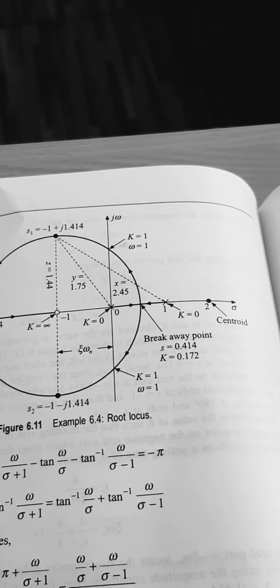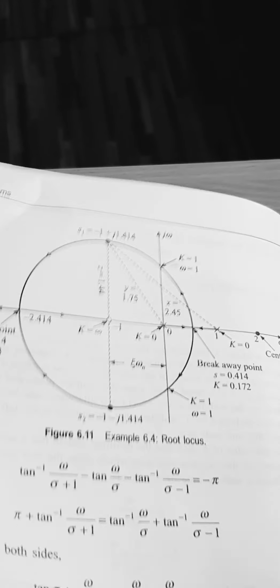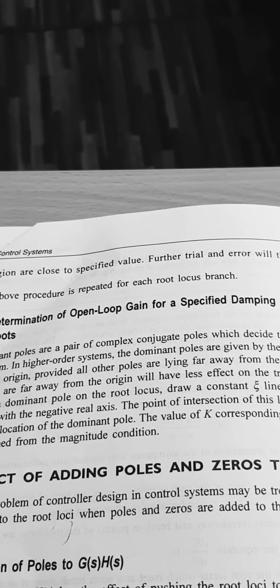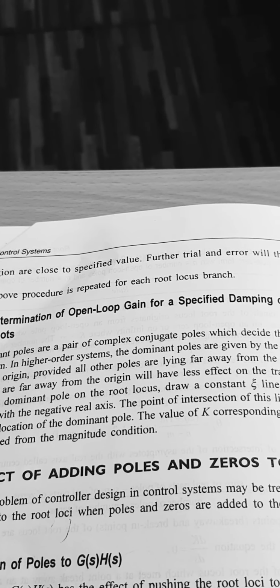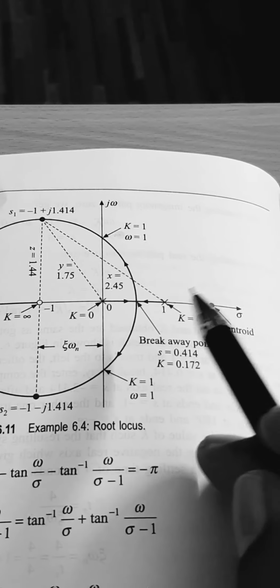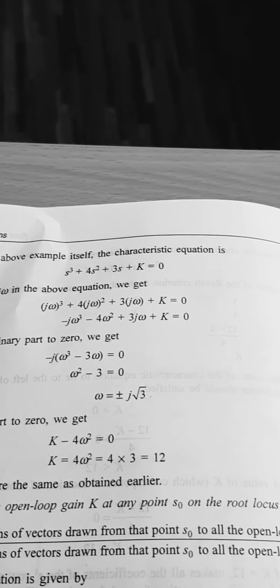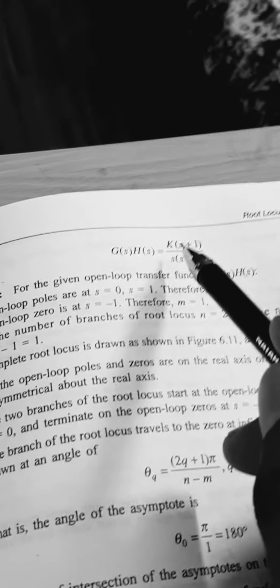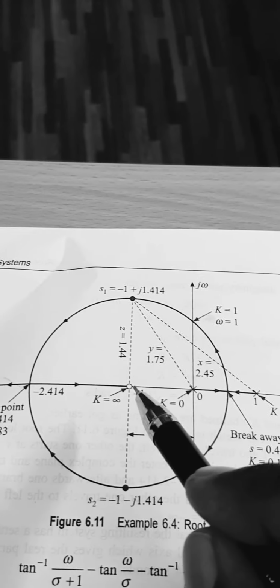One pole is at 0 and another pole is at s is equal to 1, and the zero is at s is equal to minus 1.